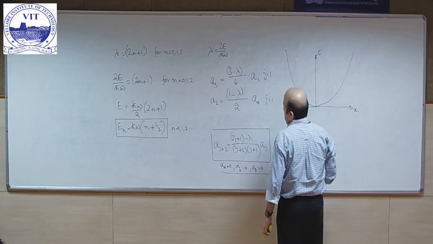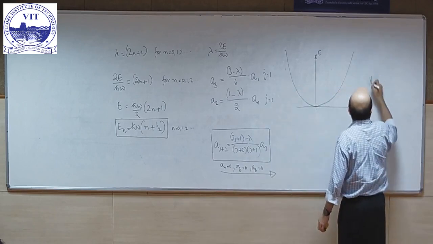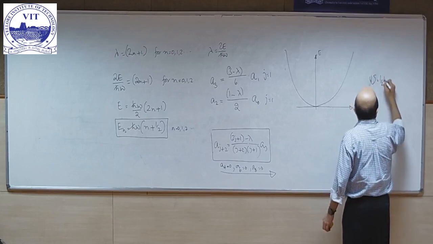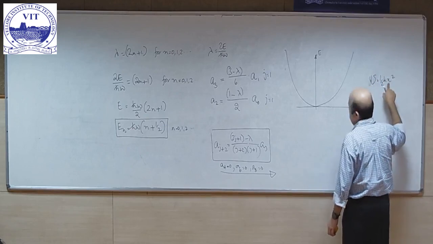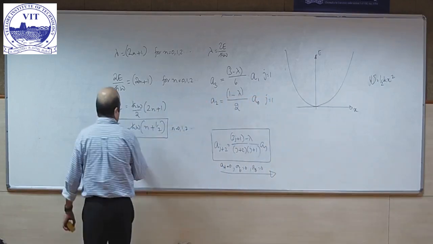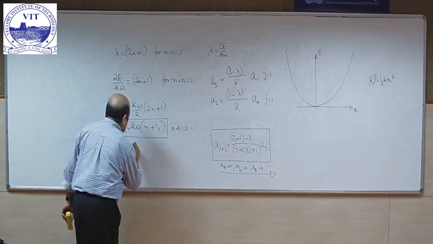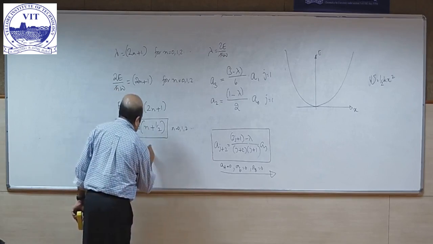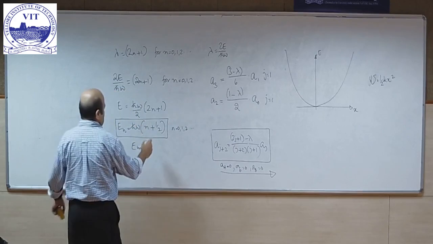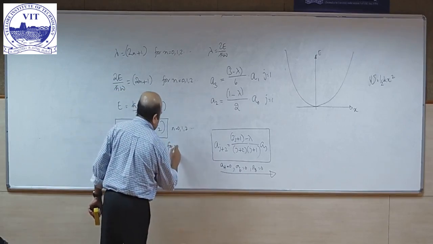And for the classical system, U was half kx square, which is continuous values of energy possible, while now you have discrete energy values with E minimum as half h cross omega for n equal to 0.